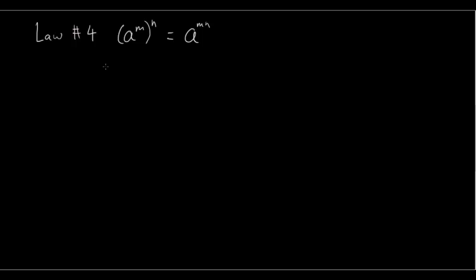Well, for example, if we have 3 to the power of 5 to the power of 2, that is going to be the same thing as 3 to the power of 5 times 3 to the power of 5, correct? Because that's what to the power of 2 means, multiply by itself.